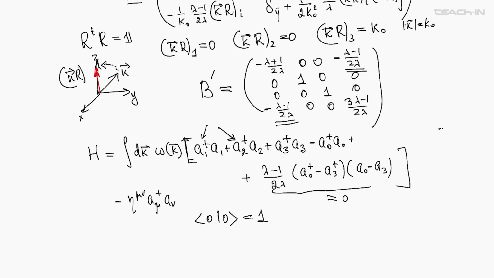A3 we associate with longitudinal photons, and A0 we associate with time-like photons. So Hilbert space is very big. It contains, in addition to the transverse photons of Maxwell, also time-like and longitudinal photons. And so the content of this theory is not the same as the content of the Maxwell theory.